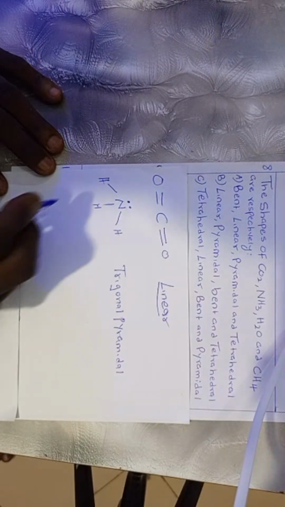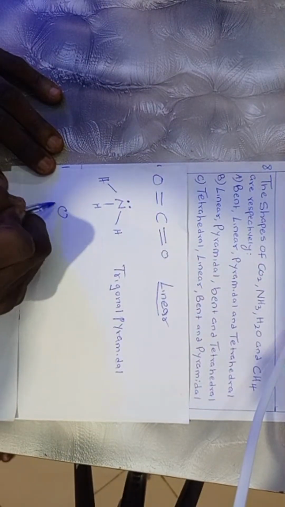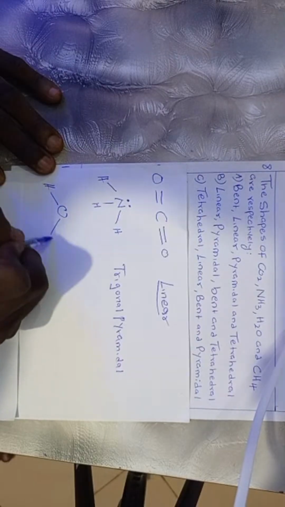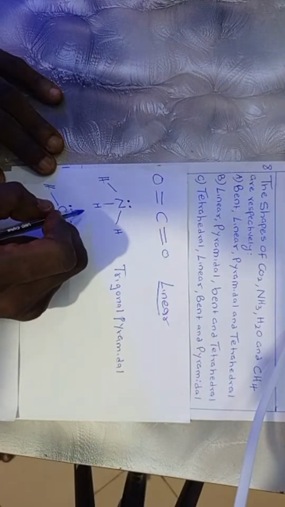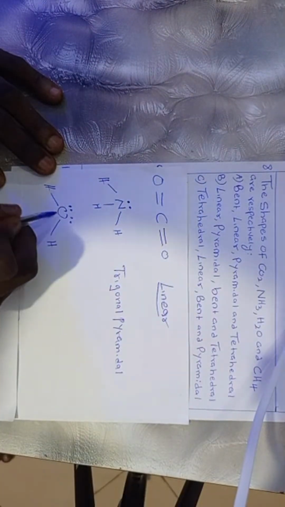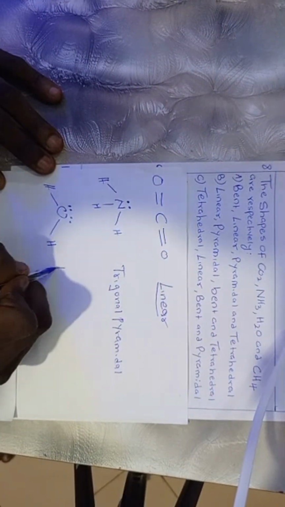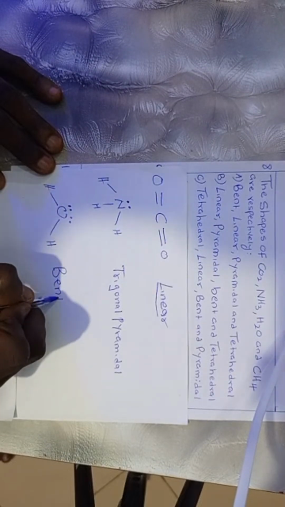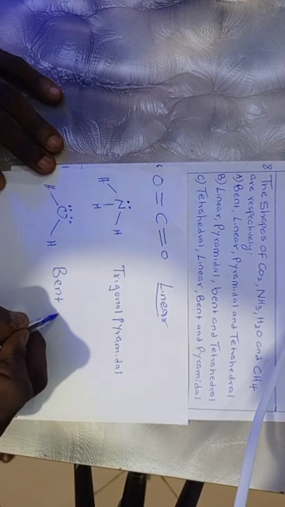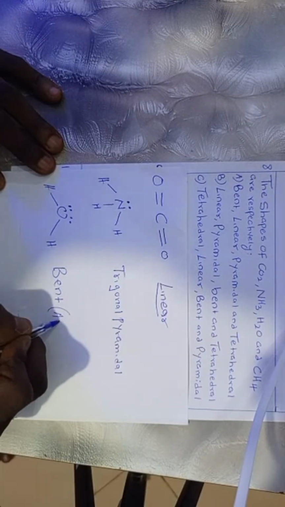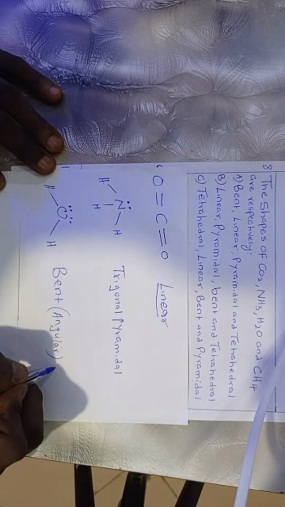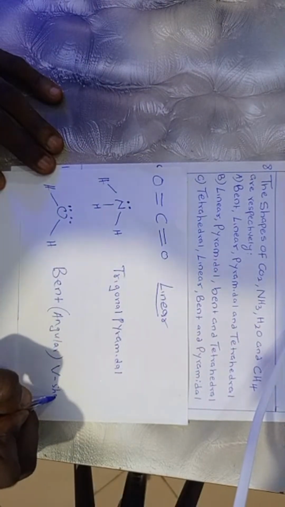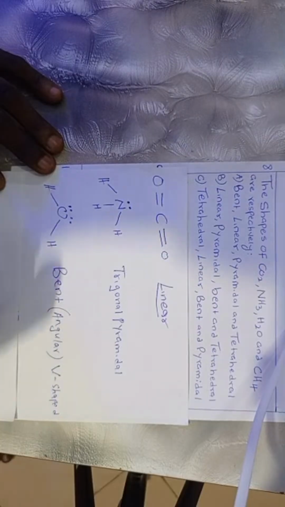Now let's talk about the next molecule, which is water. Water has a very special shape. Let me draw it. Water is drawn like this. You have O, you have H, you have H. There are 2 lone pairs of electrons on the oxygen atom. So what is the shape of this water molecule? The answer is bent. Some textbooks will say it is angular. It's still correct. Some will say that it is V-shaped. All these are correct.